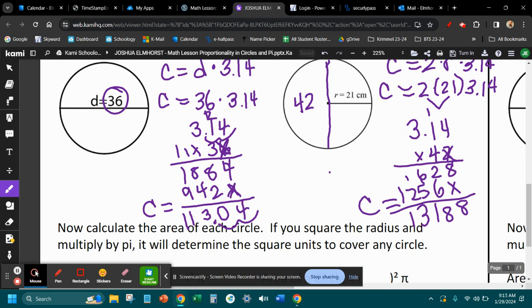So this should be 113 as the distance around that circle. And then we have 1, 2, 1, 2, and this one's going to be 131.88 centimeters. And I'm going to put a little 1 right here. Centimeters 1 just means it's linear. It's not area, it's not volume.